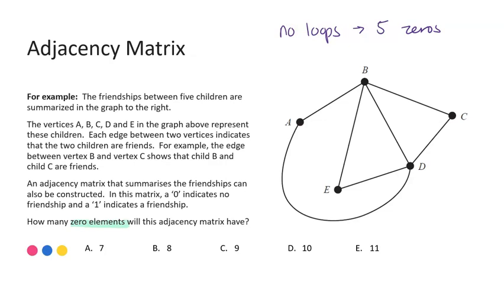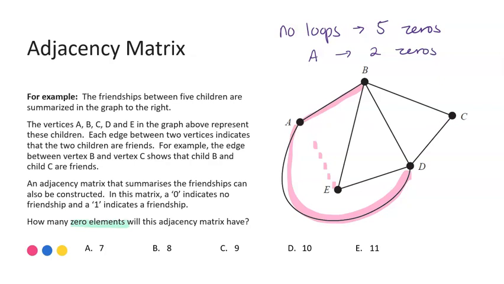The second thing we can see is that obviously if we look at vertex A, there will be a 1 connecting to B and a 1 connecting to D, but there will be a 0 to C and E, meaning that vertex A will have 2 0 elements in its row A. So A will have 2 zeros.